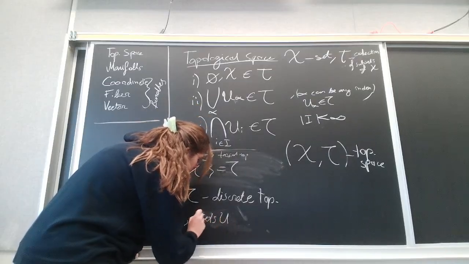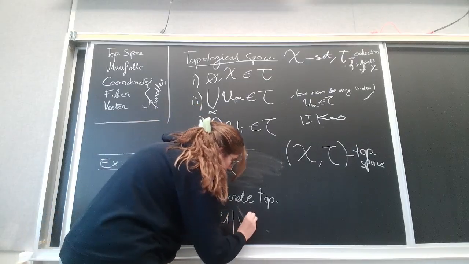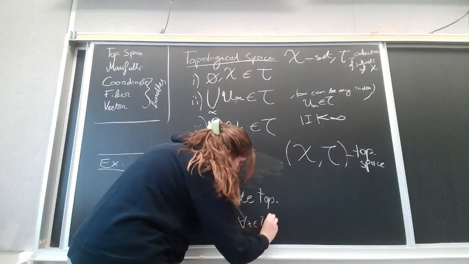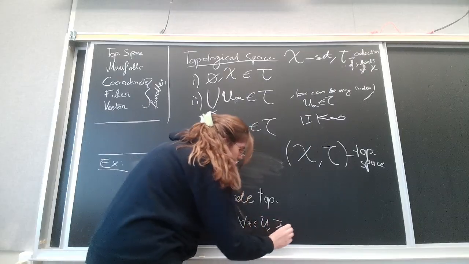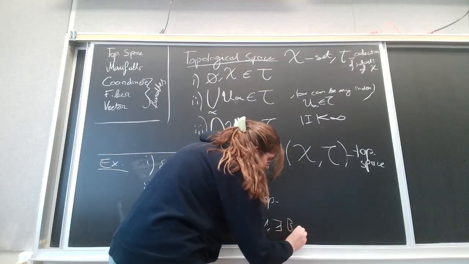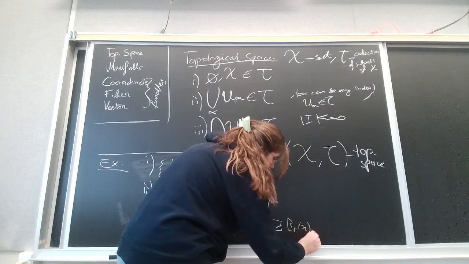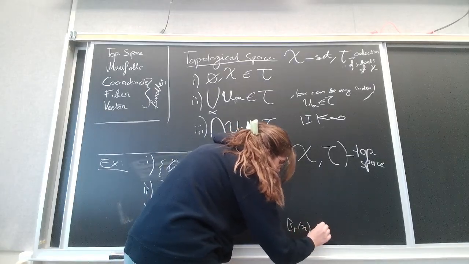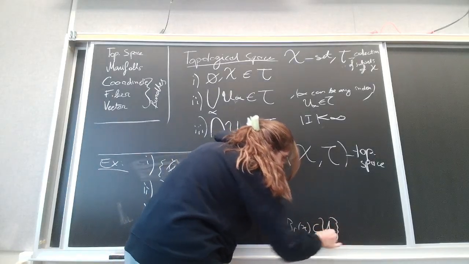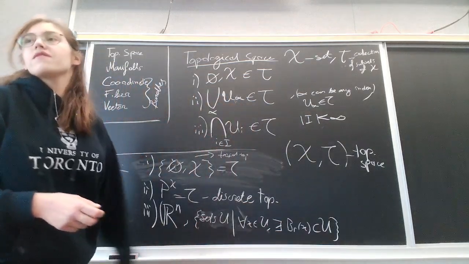Sets U. Okay, let me write it such that for every x in U, there exists a ball that's completely in U. Yes, so this will be the definition of it.